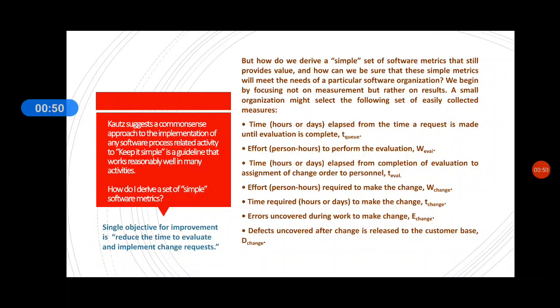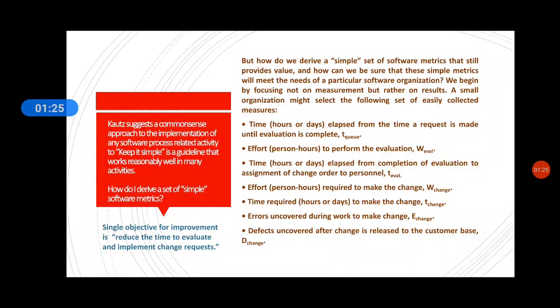For this query, our answer is a single objective for improvement, where we reduce the time for evaluation and implementation of change requests. But how do we derive a simple set of software metrics that still provides value, and how can we be sure that these simple metrics will meet the needs of a particular software organization?